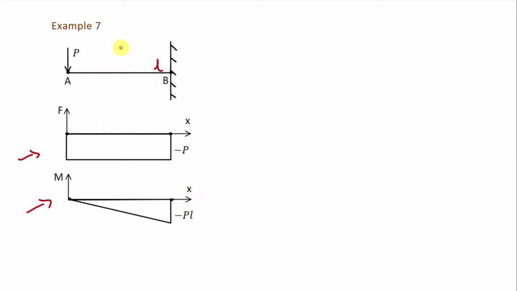First of all we will take a section at the distance of x from this end. So our range will be 0 less than or equal to x less than or equal to L. In this range, what is the value of shear force? To find shear force, we take the algebraic sum of all the transverse forces on either side of this section.